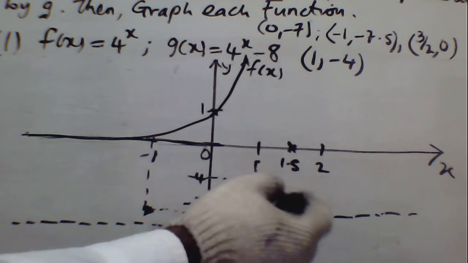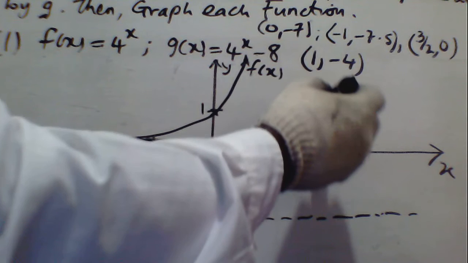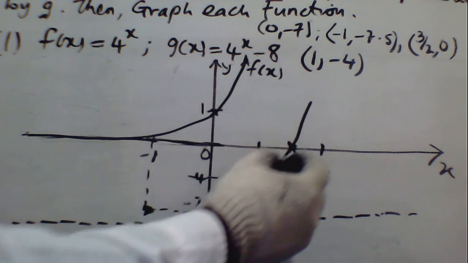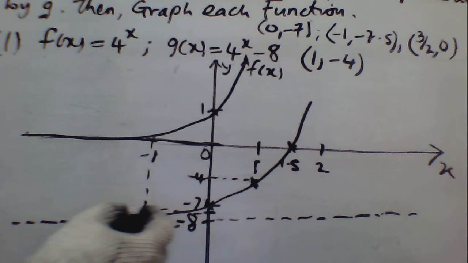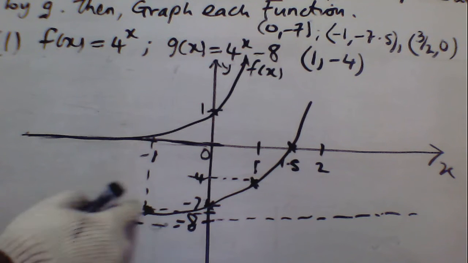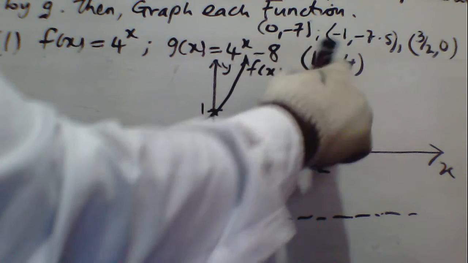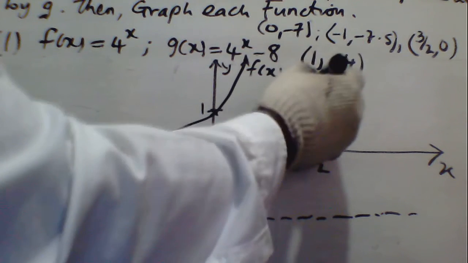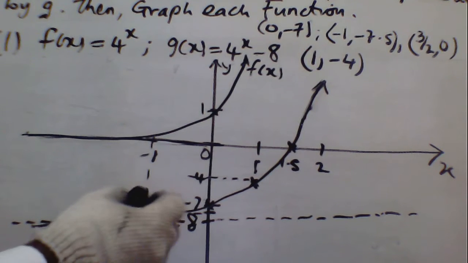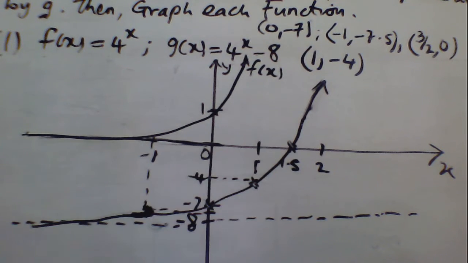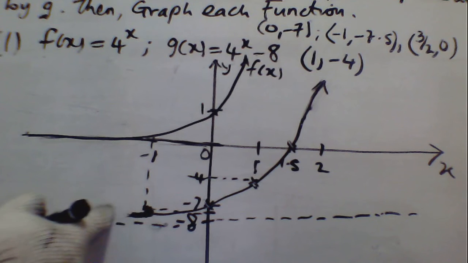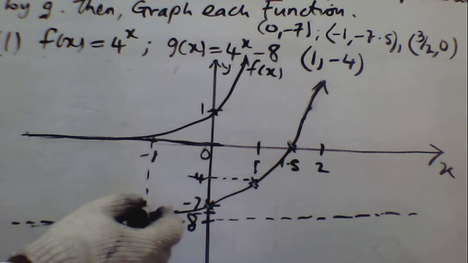So from this, you can use a smooth curve to join the points. It may not be accurate, but this is how the curve looks. You see that here minus 8 is acting as a horizontal asymptote.